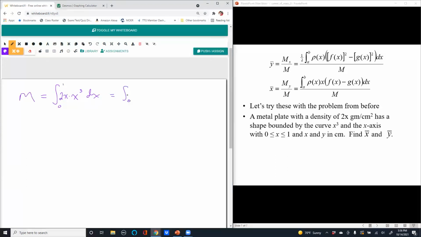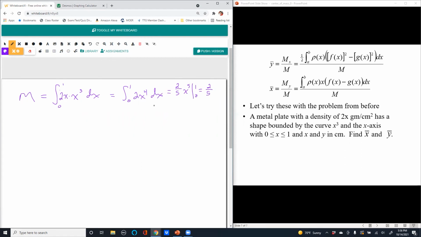So we get the integral from 0 to 1 of 2x to the 4th dx, which is going to be 2/5 x to the 5th from 0 to 1. If we put 0 in, we're getting 0, so this just comes out to 2/5.